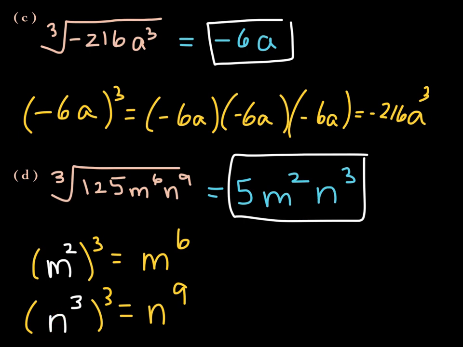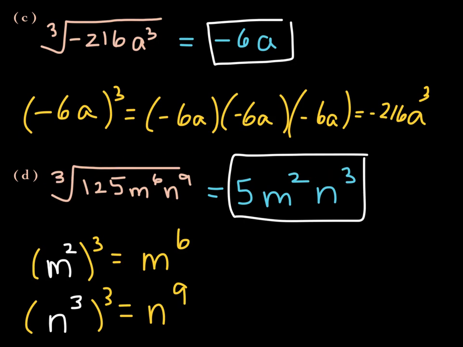Now, with all that being said, I want to show you a little bit of a shortcut that I will speak to you more thoroughly about in a later lesson. Watch this. What is 6 divided by 3? It's 2. 9 divided by 3, the power on the variable divided by the index, is 3.